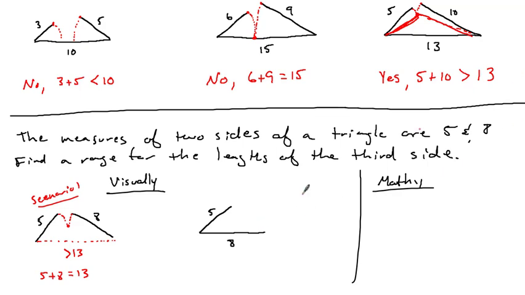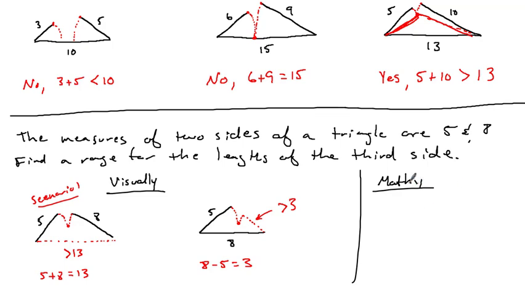And we need to know what's the shortest this piece can be, that when they fold in, they'll still make a triangle. And that one's not as easy to visualize, but it is as easy to figure out. Okay, this piece has to be bigger than 3. And the reason is very simple. It's because 8 minus 5 equals 3.